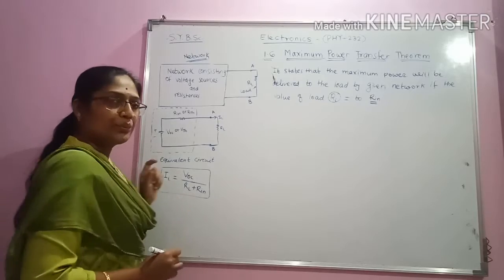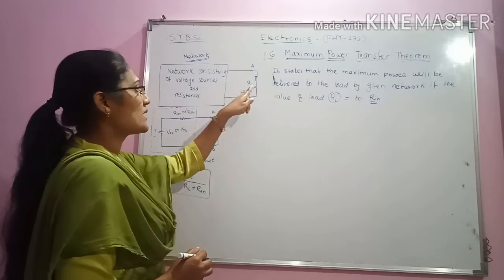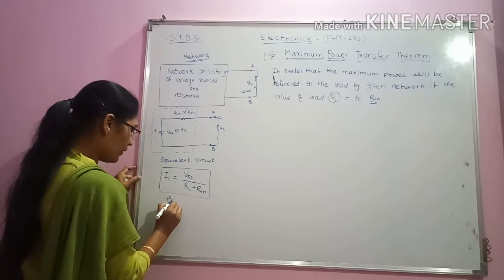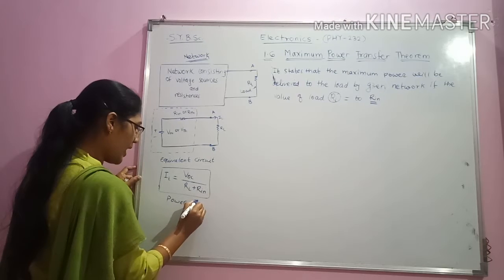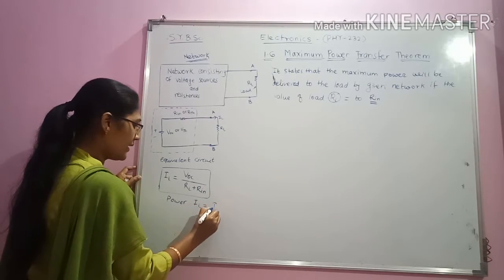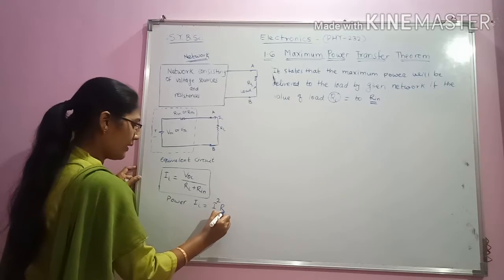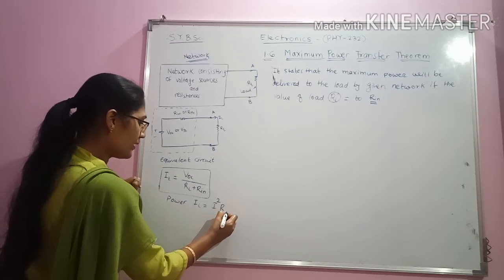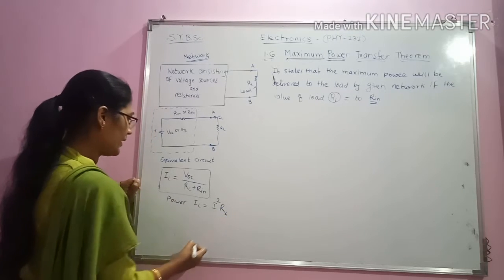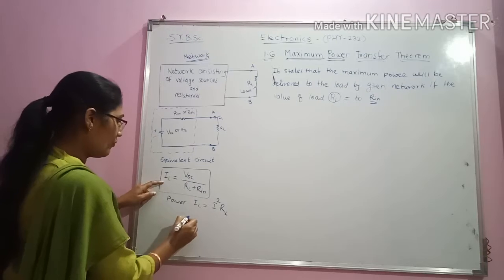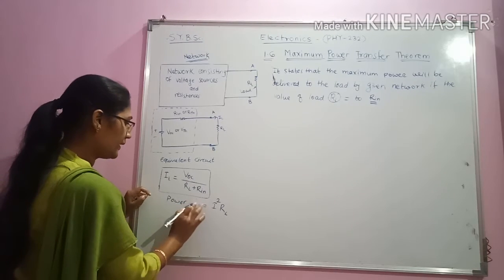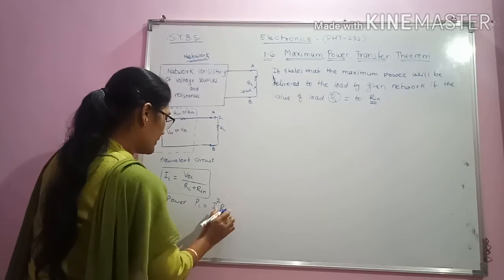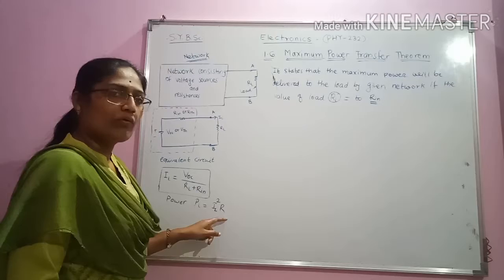Now we want to calculate the power that is transferred to RL, and we know the formula for power is I square R. Here R is nothing but RL. So the value of power PL is equal to IL square into RL.